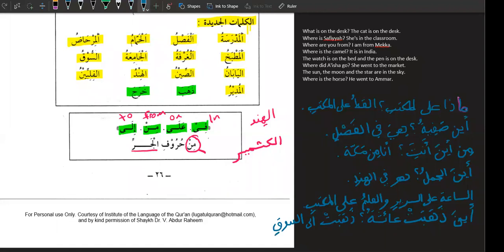Then we had, the sun, the moon, and the star are in the sky. So we'd say الشمس والقمر والنجم في السماء.